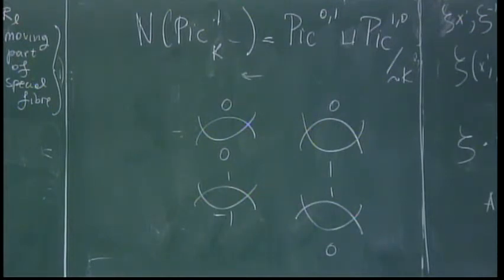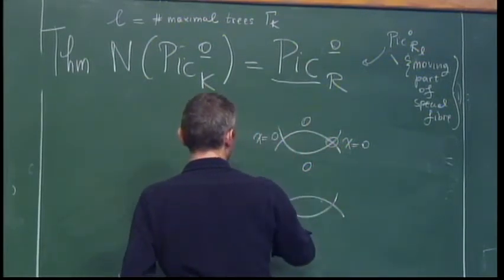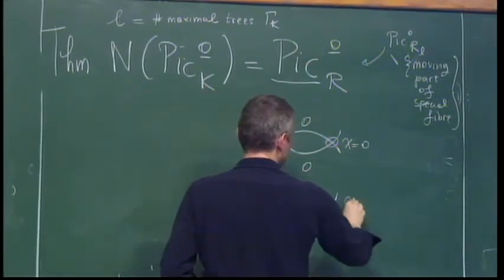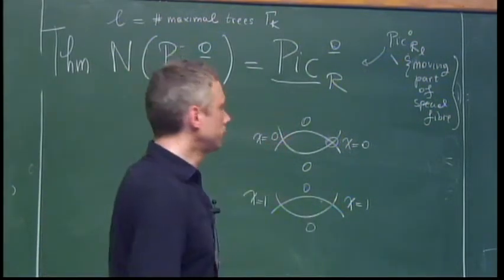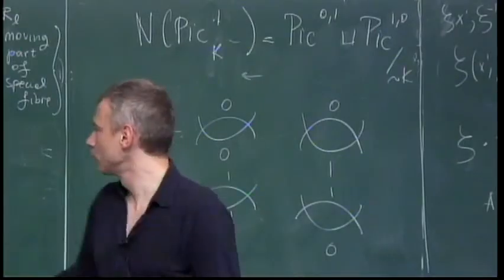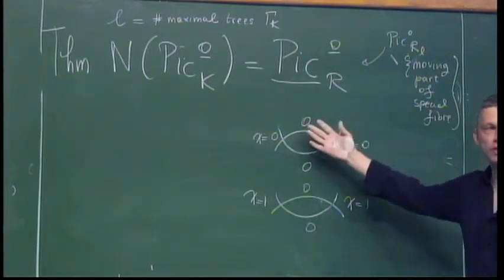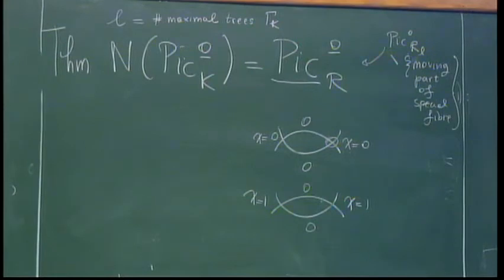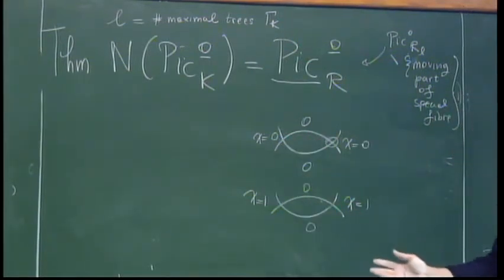But once you do it with character 0 and character 0 here, and once you do it with character 1 here, which are, if you remember, still the 4 covers that I have mentioned. 2 of them were of this kind, and 2 of them were of this kind. So as you see, this allows us to solve the problem with degree 0 without making any choice, because I didn't have to privilege any node or any component.